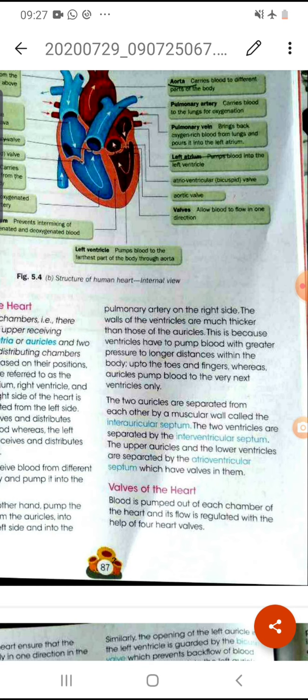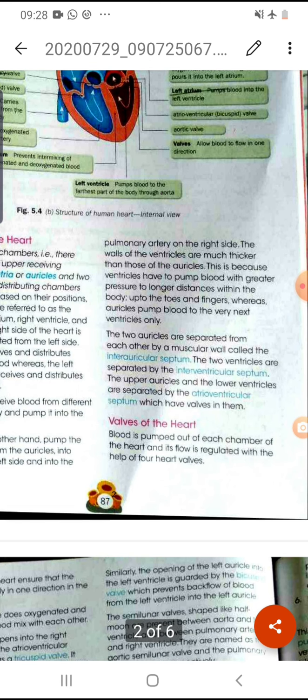So the walls of the ventricles are much thicker than the auricles. At first only I have said that the walls of the ventricles are much thicker than the auricles. Why?